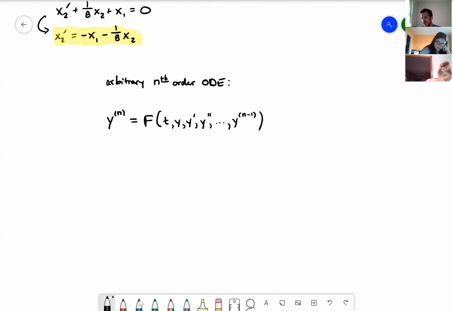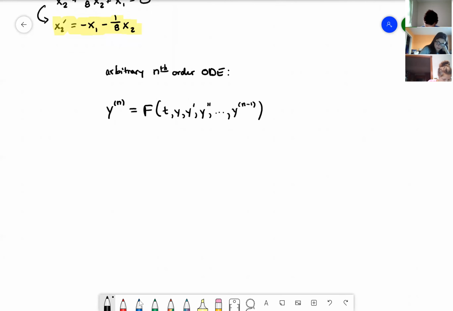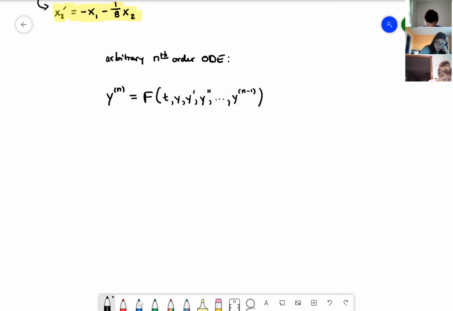So this encompasses all nth order ODEs: linear, nonlinear, homogeneous, non-homogeneous. All the possibilities are contained in this arbitrary nth order ODE. So how do we transform this into a system of first order ODEs?